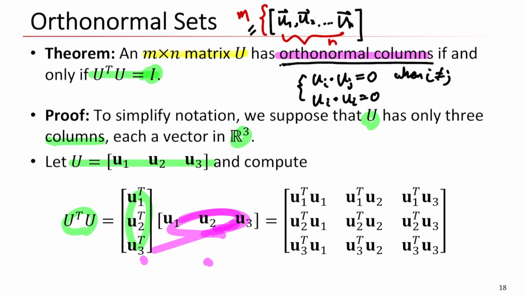First of all, we don't know the dimension of this vector, but let's say the dimension of the vector U is, let's say, 4.